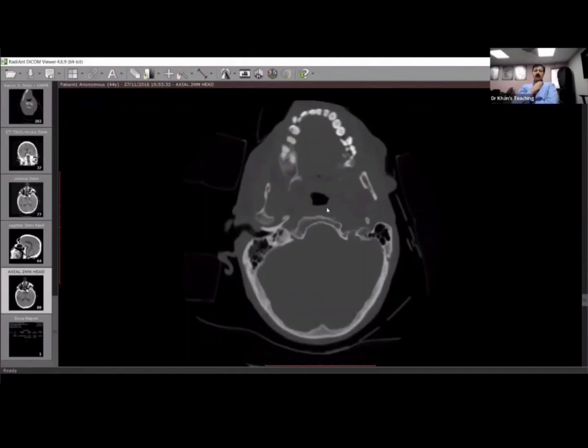Another point regarding base of skull is that classical teaching is that you never make a diagnosis just on an axial slice. It is absolutely legitimate, because this is what we do in our day-to-day practice. At the base of skull, the slices are going longitudinally through it, so you have to ask for coronal as well as sagittal.